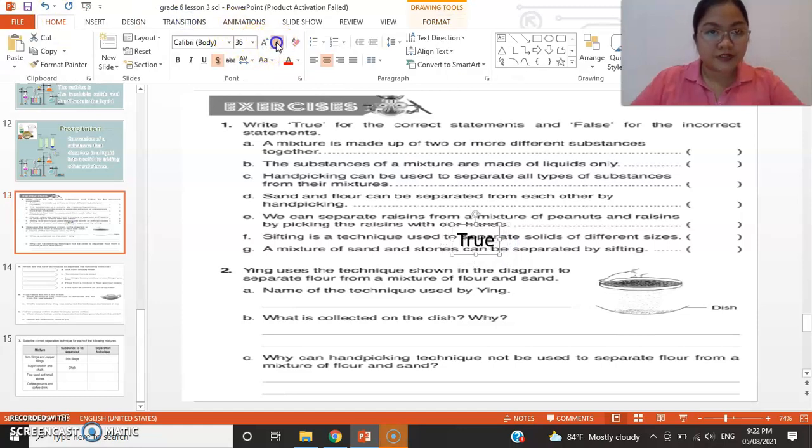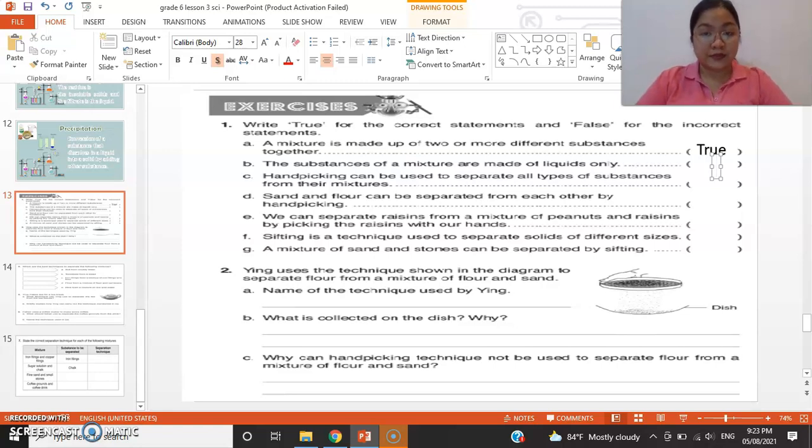Okay, another one. You're just going to write true or false in the spaces given. Letter B: the substances of a mixture are made of liquids only.